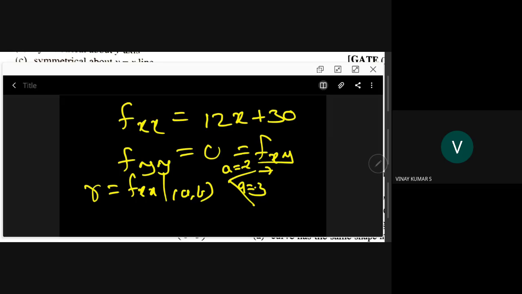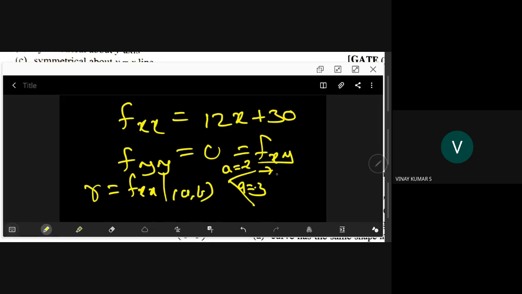R is greater than 0. If a is minus 3, it gives minus 6, so this is less than 0.